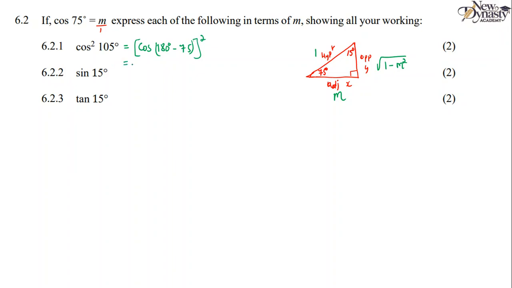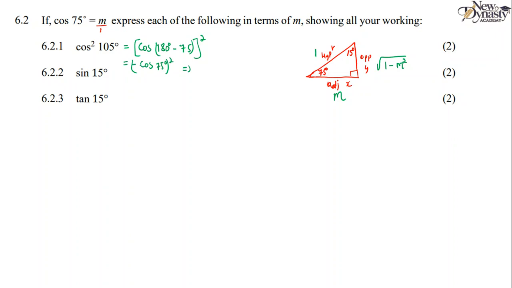And it is in the second quadrant where cos is negative, so that is going to be negative cos 75, and that is still squared. So I'm going to proceed here.